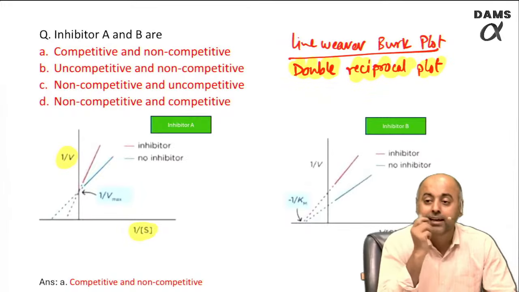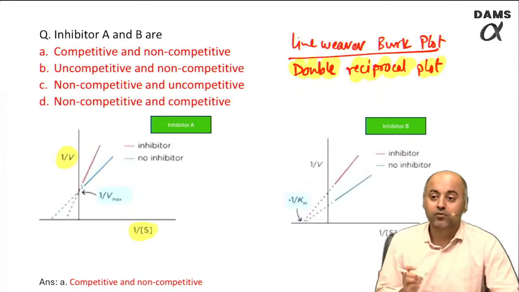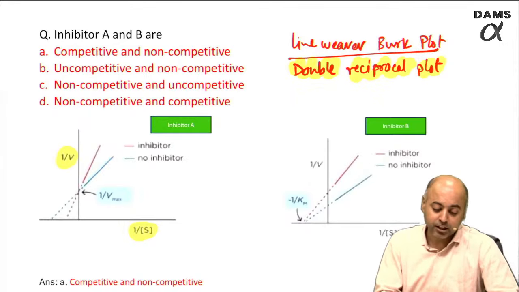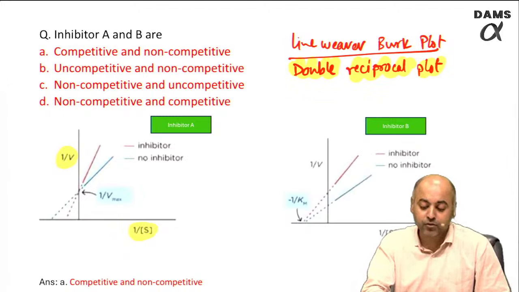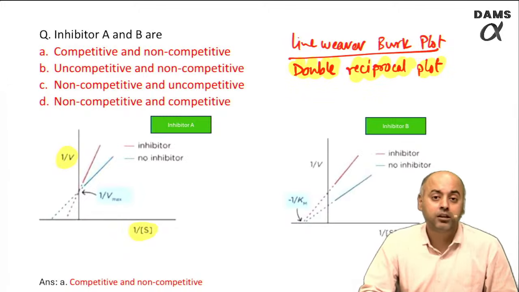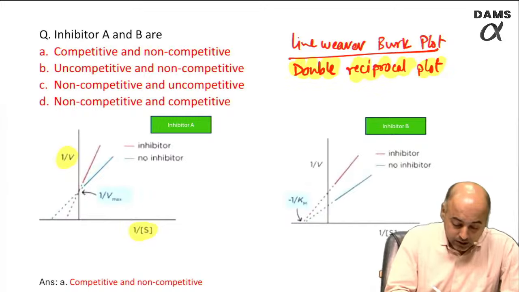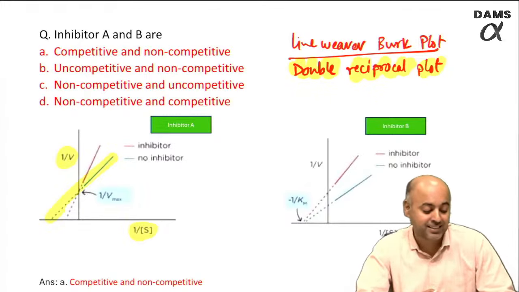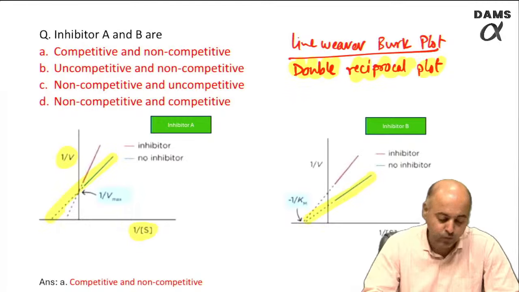On both the axes you have reciprocal values, so we call it the double reciprocal plot, commonly used to compare between the different types of reversible inhibition. Okay, now the blue one in this case is showing a line where the inhibitor is not present. No inhibitor, that is the blue line.